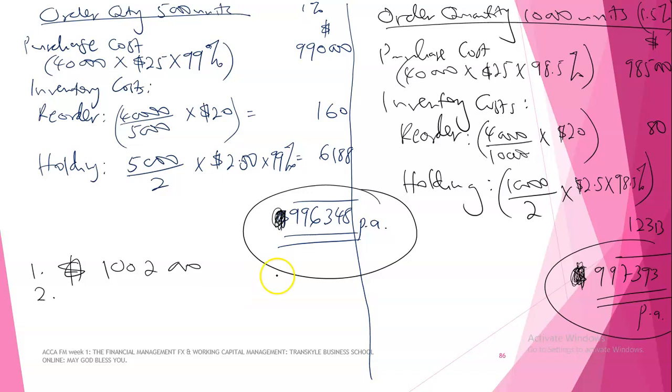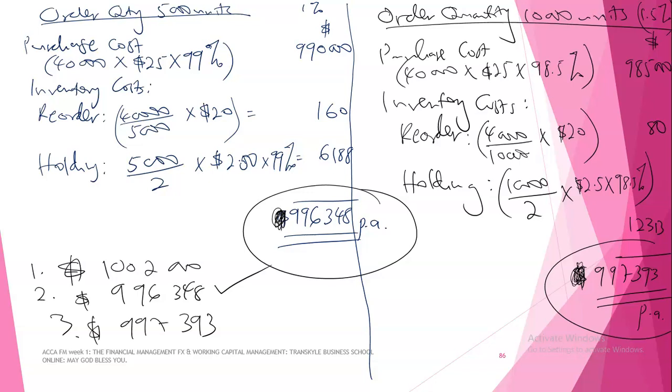The second one, that's 996,348, and then the third one was 997,393. Okay, so you can see that the cheapest option of the three was option number 2.